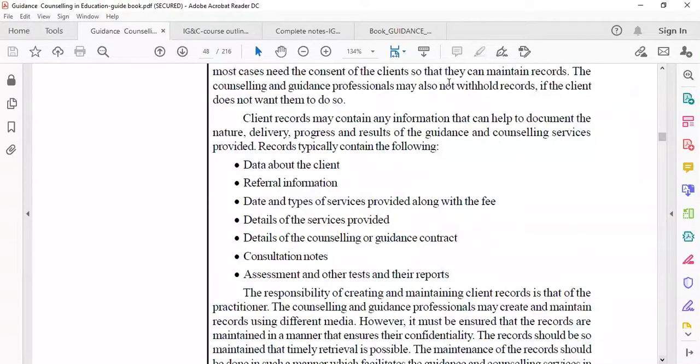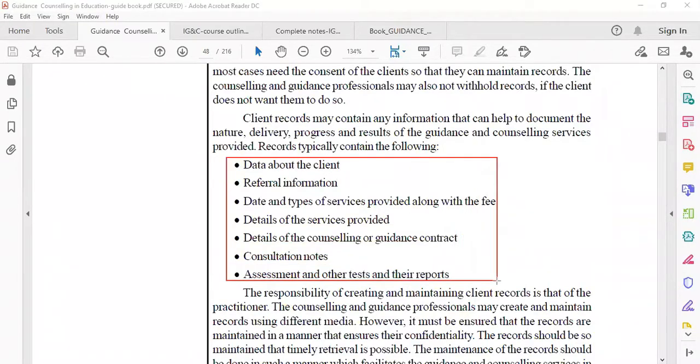As far as professionals are concerned, they keep the record of each client. Such records consist of data about the client, referral information, date and type of services provided along with the fee, and various other information.